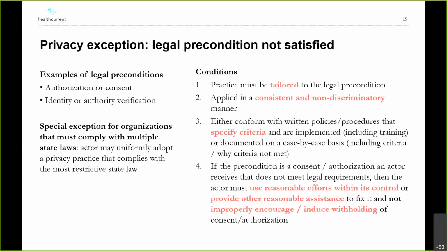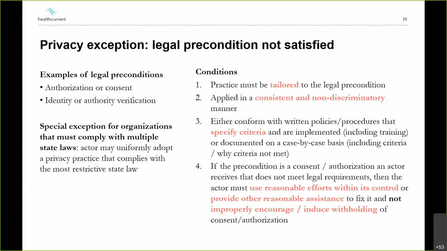Or if it's Part 2, what you would have to do is pick up the phone and contact the patient and say, hey, I got this request from your OBGYN. It's not compliant with the Part 2 purposes. Did you want to disclose your substance use disorder information that's protected by Part 2? And if yes, here's the form that you have to fill out, or here's how you fix it. Having to take this additional step is something healthcare providers have never had to do under HIPAA, but now it's something that you have to do if you want to qualify for this safe harbor.